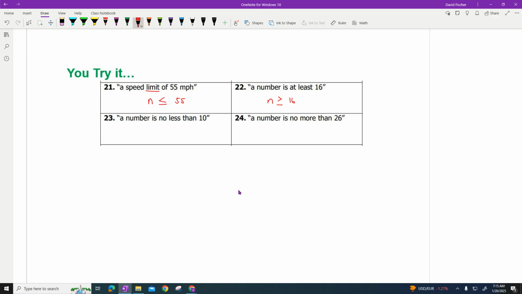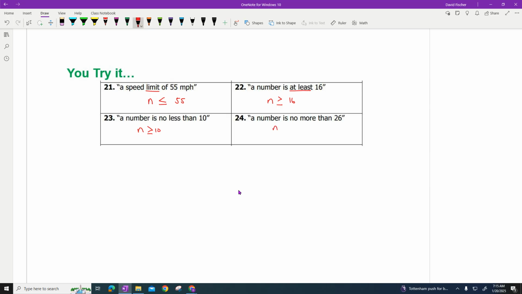Okay, and we have that up at top too, that "at least" is a greater than. A number is no less than 10, so that means we can't have any numbers less than 10. So that means these over here have to be more than 10. Now, do I want the or equal to for no less than 10? Yeah, we could have 10, still be okay, just can't be less than 10.